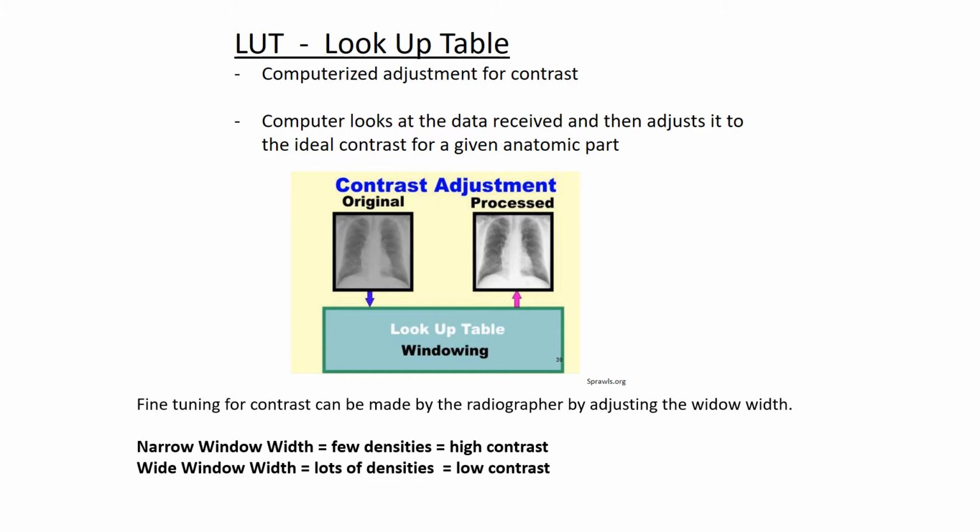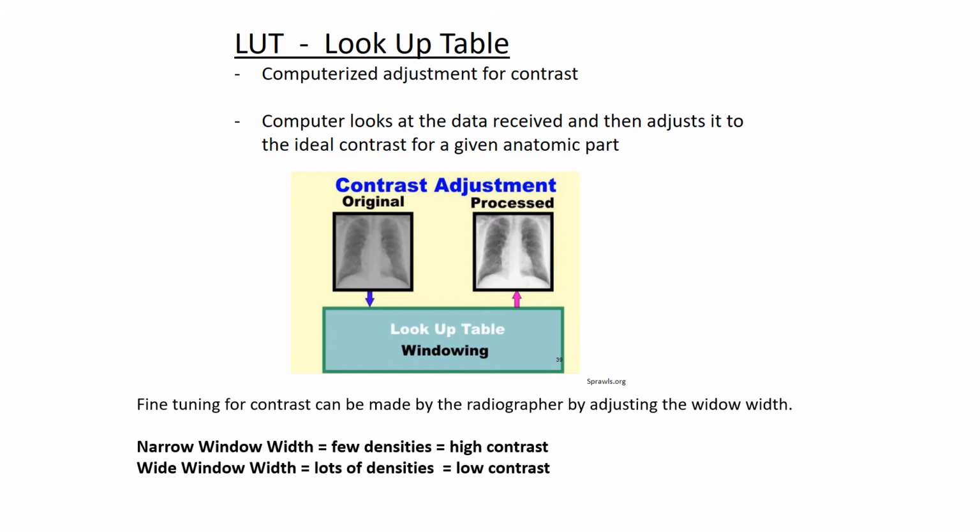Now, you've been in the clinical sites. You know that when the image comes up, even though the computer has tried to make it the best looking image it could by using the histogram analysis and the lookup table, the tech will often fine-tune things. He or she will move the mouse a little bit, and it becomes a little brighter, a little dimmer, a little more contrasting, less contrasting. Basically, what the technologist is doing is changing the level and the window width.